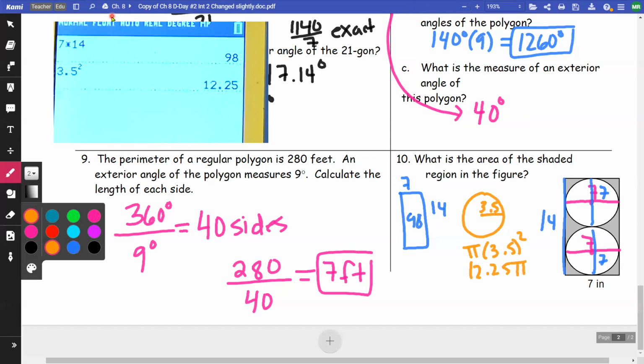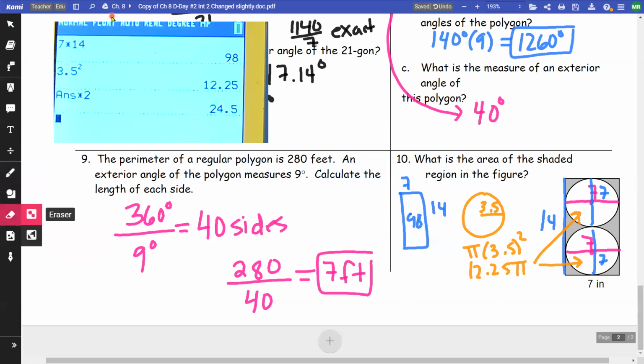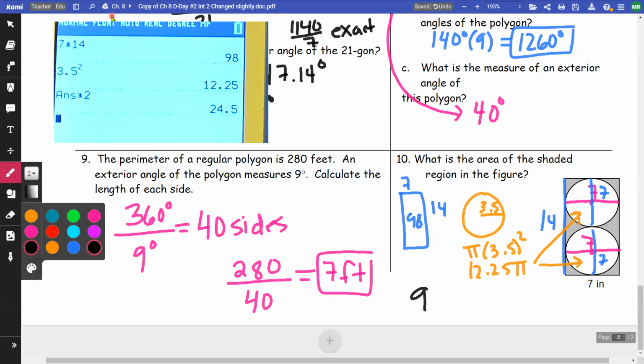Now I have 2 of these, so each of these is going to be 12.25 pi. So I'm going to have 98, which is the whole entire thing, minus my 2 12.25 pi's, which ended up in 24.5 pi, and that is my answer.